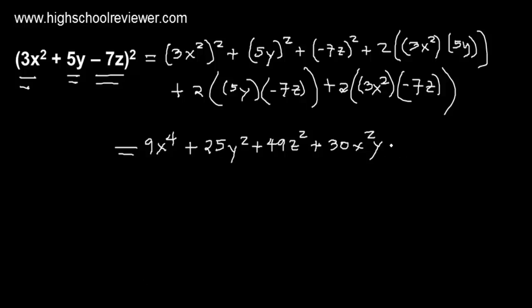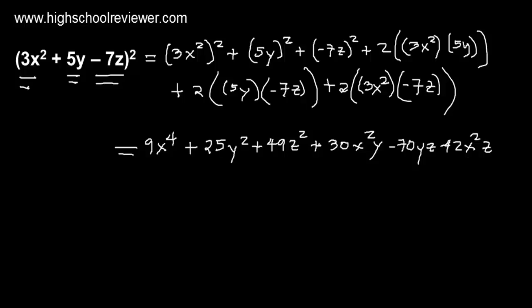We will have here minus 70, and y multiplied by z is yz. And then 2 times 3 is 6. 6 multiplied by negative 7, this will be negative 42. And x squared multiplied by z, this is x squared z.